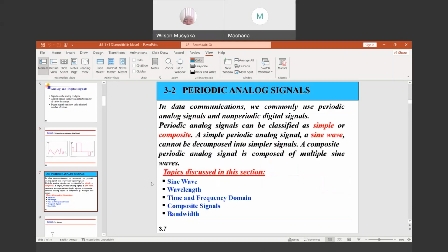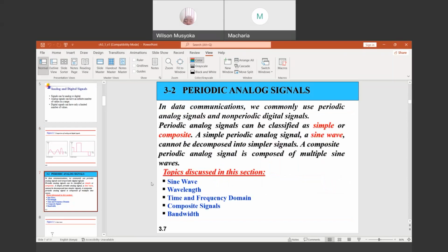When we are looking at periodic signals, we normally say that periodic analog signals can be classified as either simple or composite. A simple analog signal is a sine wave that cannot be decomposed into any simpler signals. That is the most simple it can be.